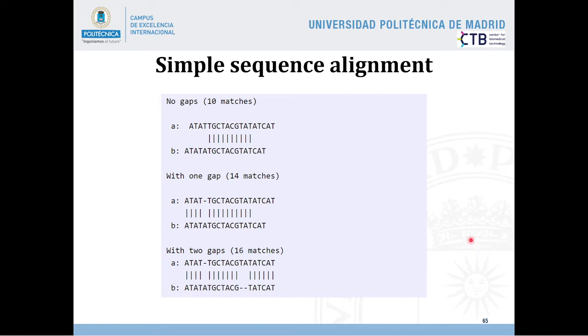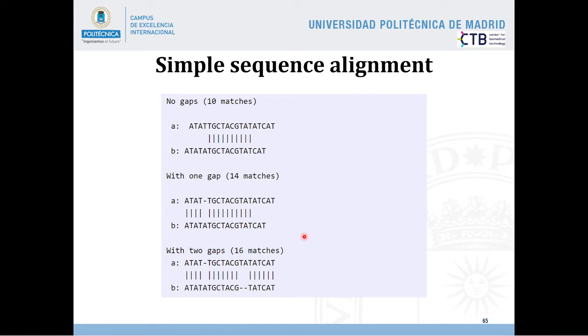The same thing that we were saying with no gaps: here we would have 10 matches and that would be all. But if we insert just one gap, we would have 14 matches. And with two gaps, we have 16 matches.